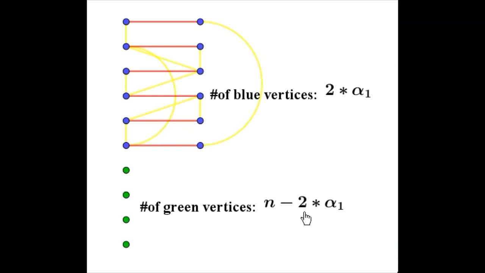Now the only remaining vertices are these green vertices, which are nothing but n minus 2 alpha 1. Now a total of 3 types of edges are present in this graph: red edges, yellow edges, and black edges. I haven't drawn the black edges yet, but what can we say about red edges? Red edges are anyway part of the final solution, which is nothing but the edge cover.